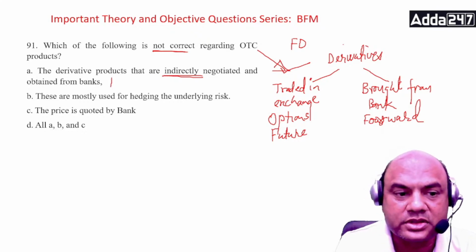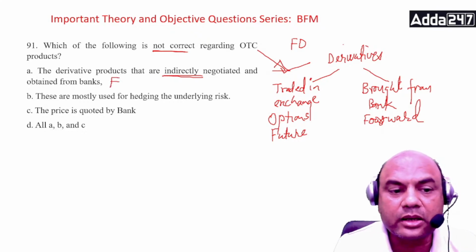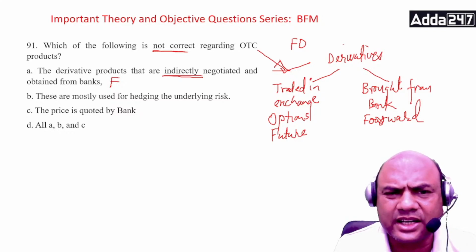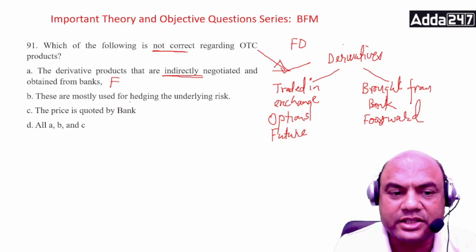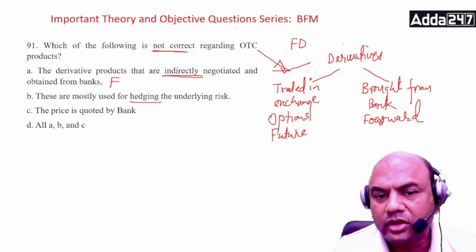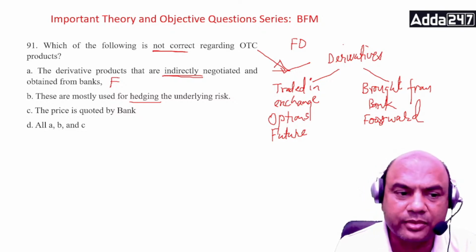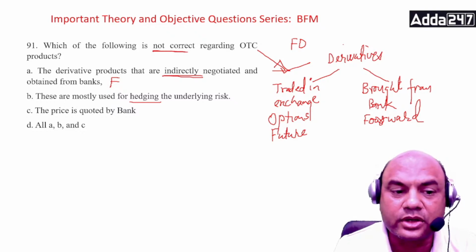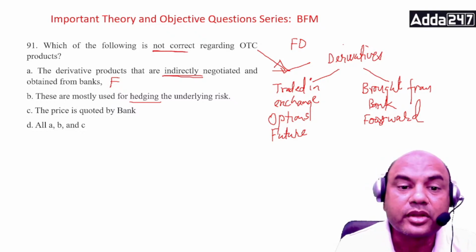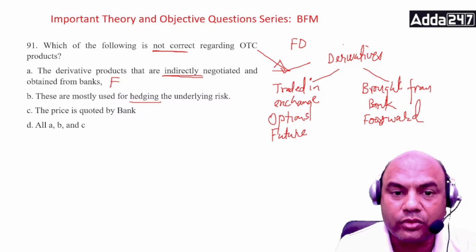So this is false. These are mostly used for hedging the underlying risk. That is obvious. Hedging is common for both, for traded in the exchange and brought from the bank. It is common for both. The price is quoted by the bank. So here we are talking of OTC, so the price will be quoted by the bank only.